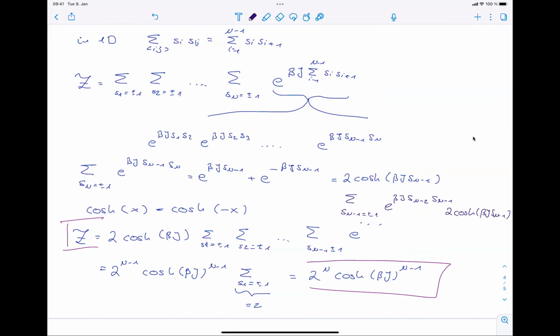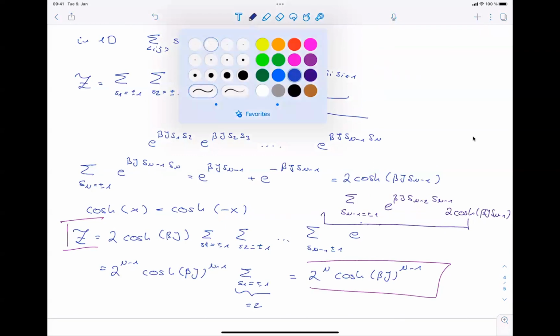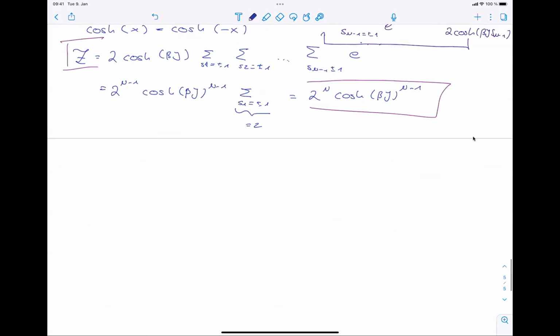Now the values that Sn minus 1 can have are +1 or -1. If I just plug this in, these two terms are actually identical, so I can just pull it out and move it here as this prefactor. Okay, more questions? Perfect.